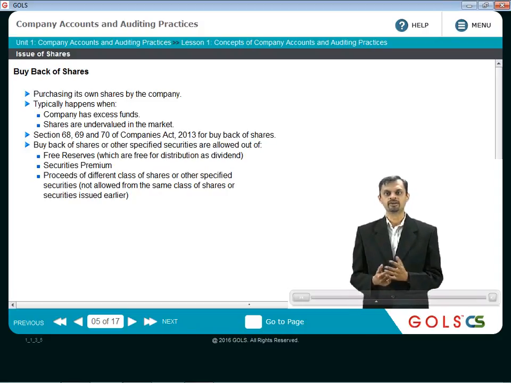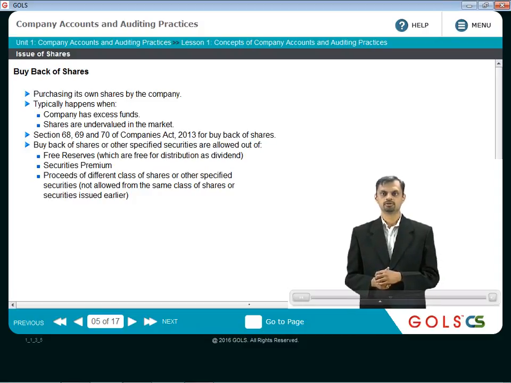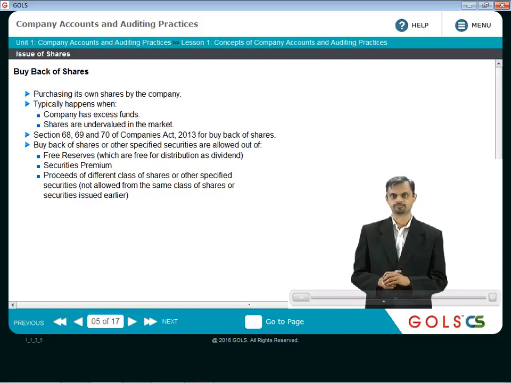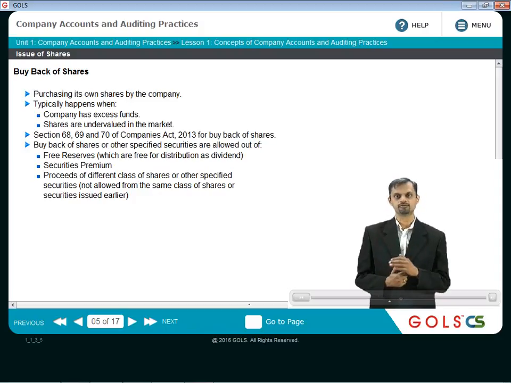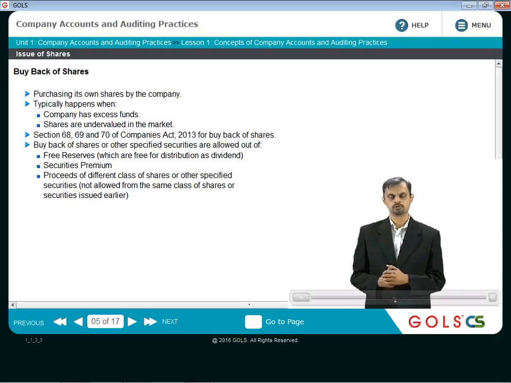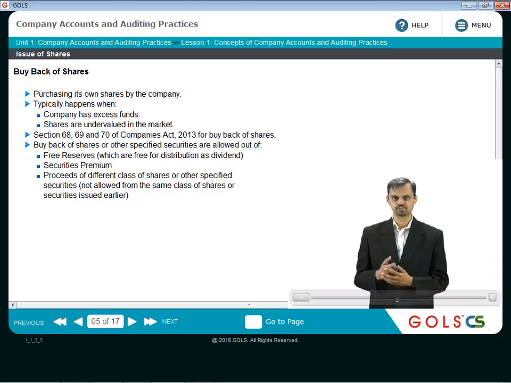Or when the company feels that the shares are undervalued in the stock exchange, then also the company may decide to go for buyback of shares. Because when the shares are bought back, the number of shares floating in the stock exchange will go down. So if the number of shares goes down, it will increase the earnings per share.